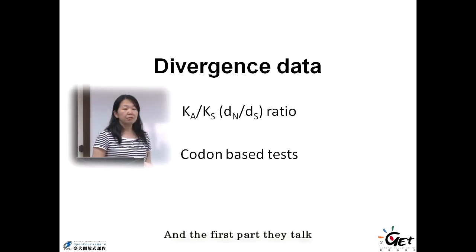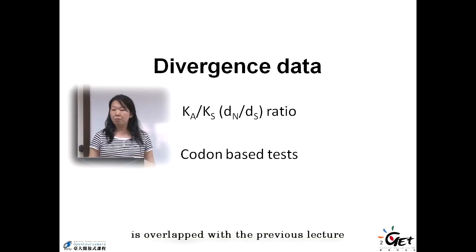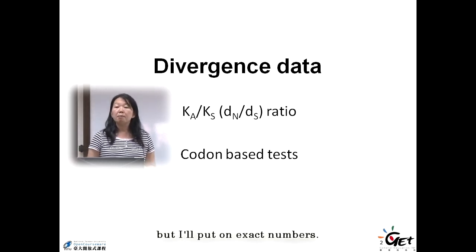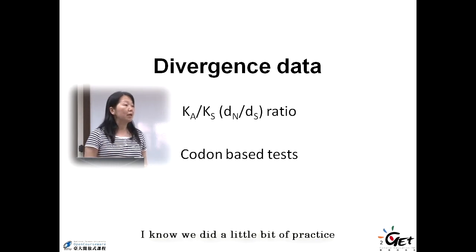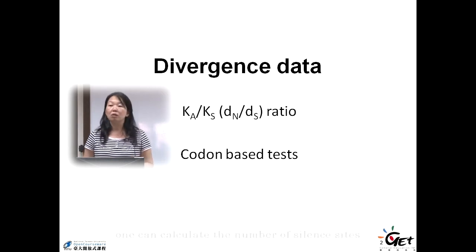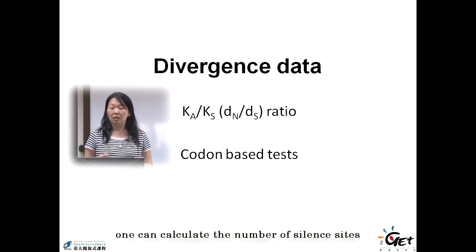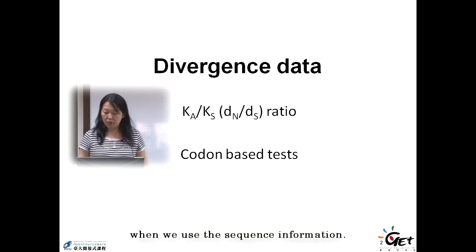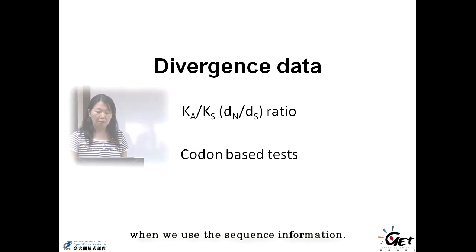The first part of the talk overlaps with the previous lecture when we calculated Ka and Ks, but I'll put down exact numbers. I know we did a little bit of practice, but I want to put down exact numbers for how one can calculate the number of silent sites and the average number when we use the sequence information.